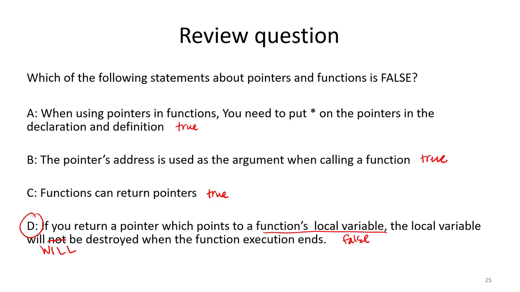Any variables local to a function, that's basically any variable declared within a function, will no longer exist when a function ends. So if you return a pointer, make sure it will point to something that does not get destroyed after your function ends.